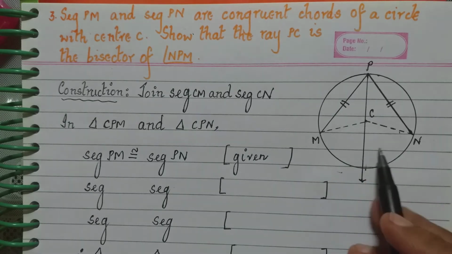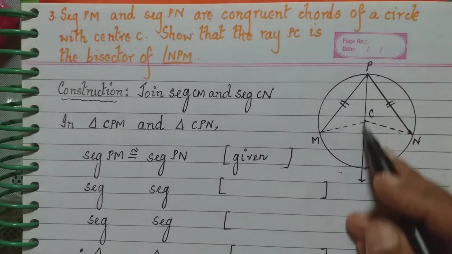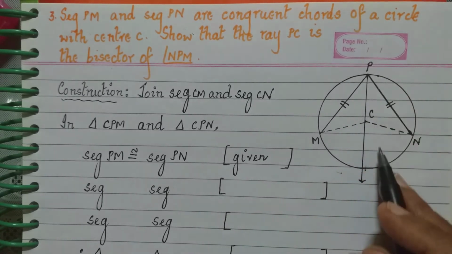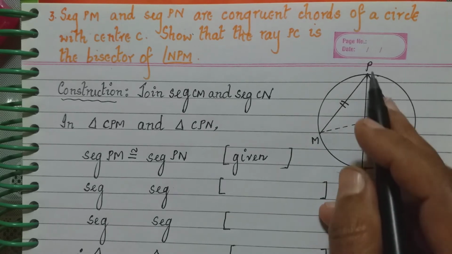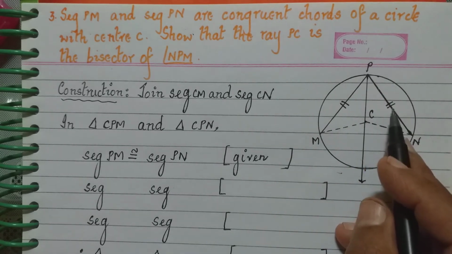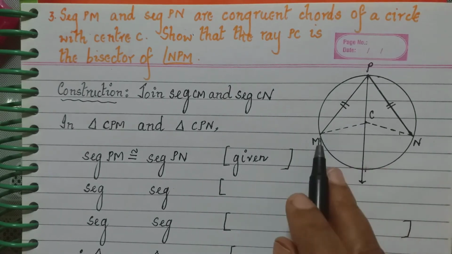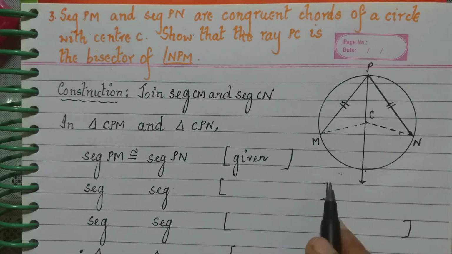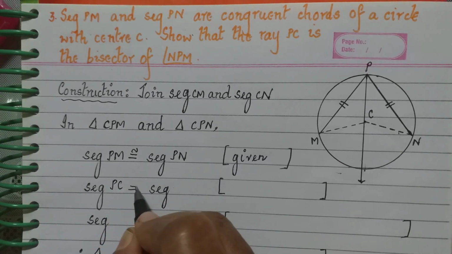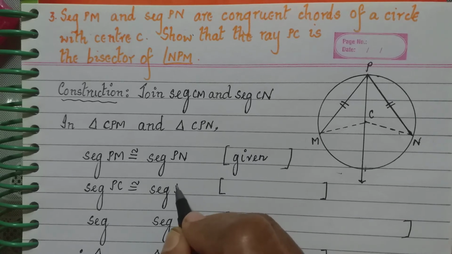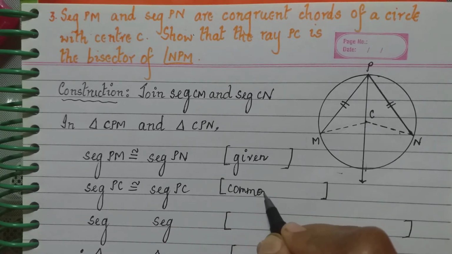Further, we see that segment CP, or segment PC, is a common side for both these triangles. So segment PC is congruent to segment PC, and the reason is common side.